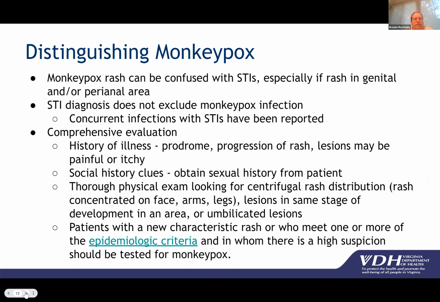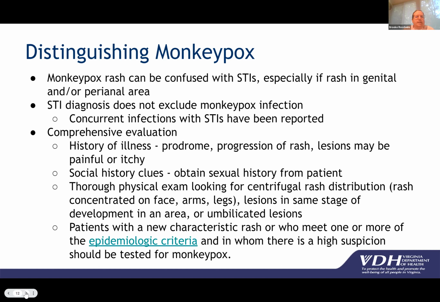So one thing that we focus on is how to distinguish monkeypox from other illnesses that it looks like. Certainly, as we've talked about, monkeypox can be confused with other sexually transmitted infections or STIs, especially if the rash is in the genital area. Now, a diagnosis of an STI does not exclude monkeypox infection.